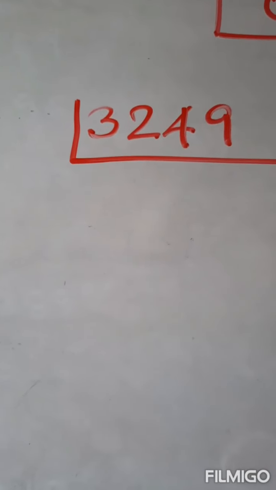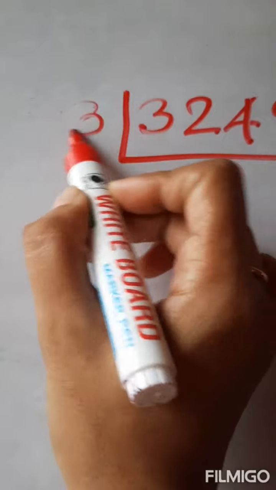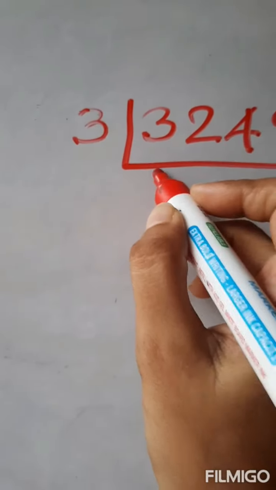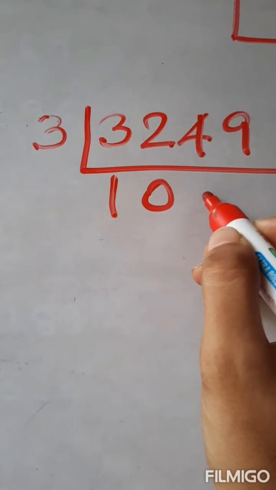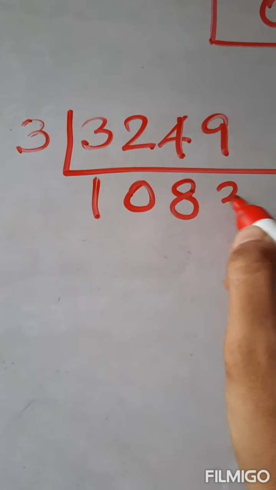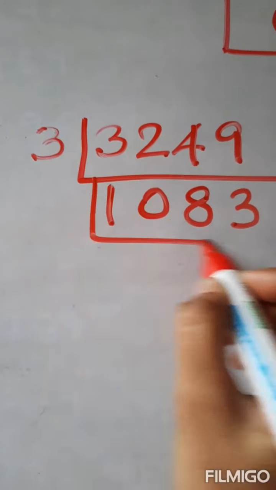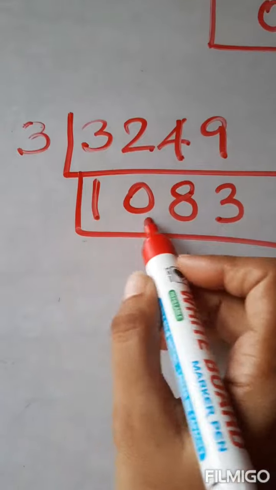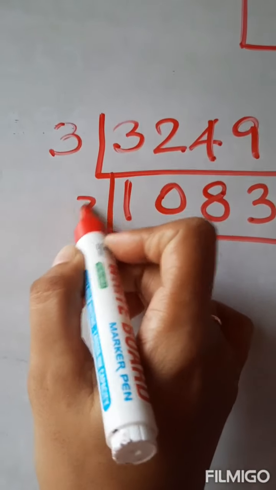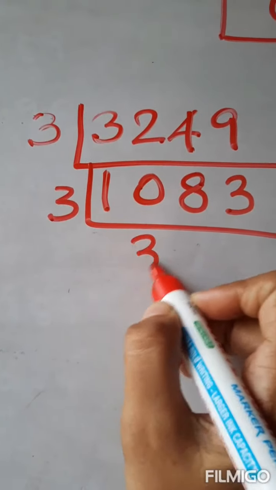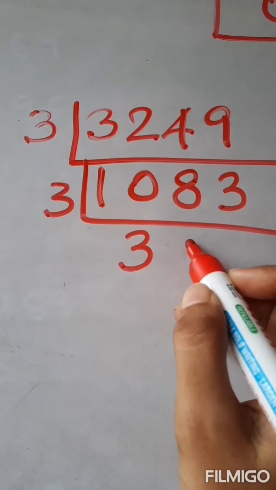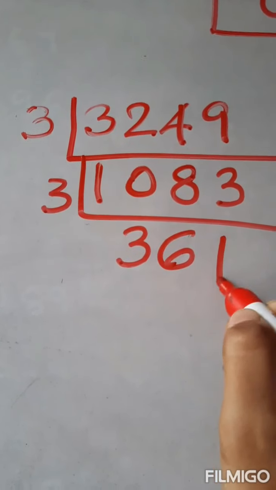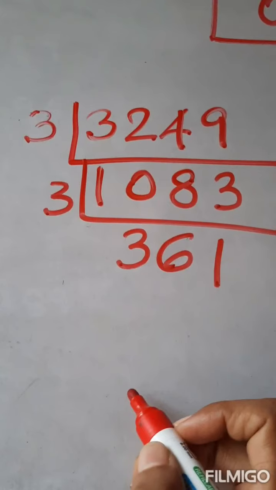Yes, it is divisible by 3, so we divide it by 3. Again it is divisible by 3, as adding the digits we get 12. It is divisible by 3, so we get 361.